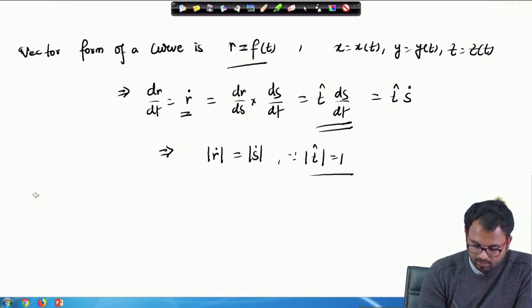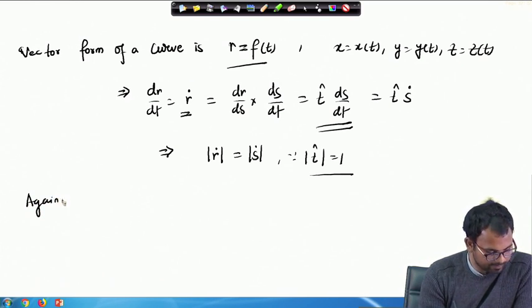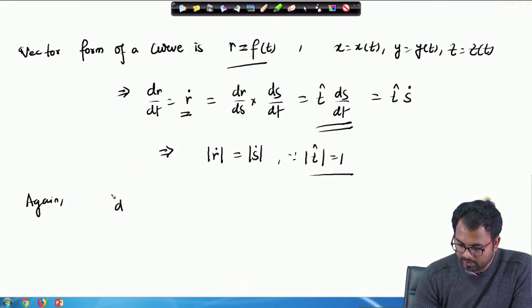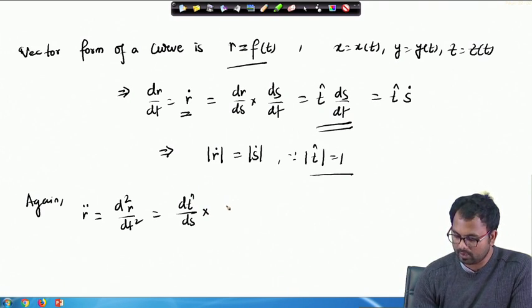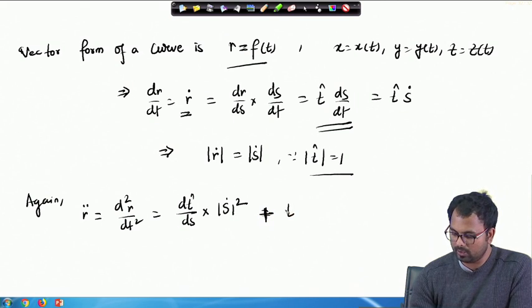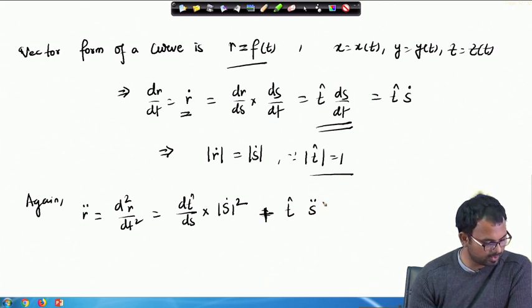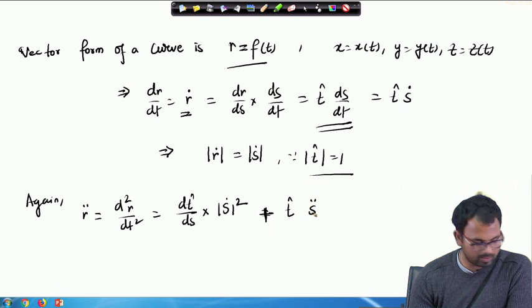Now, again we have d square r by dt square. That means r double dot equals d square r by dt square, and that will be d dt of t cap s dot. So, then we can write dt ds times s dot square, because it will be ds dt whole square, plus t cap times s double dot, because then we have d square s by dt square.